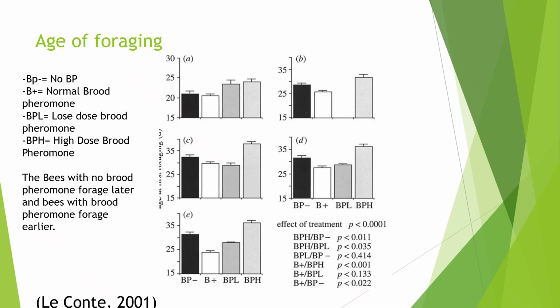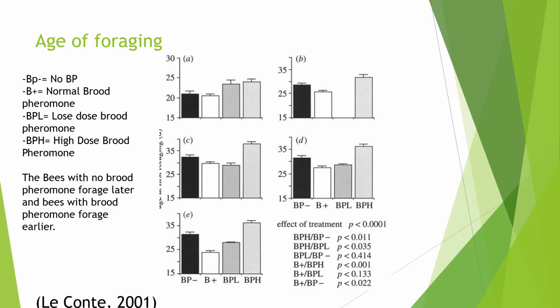So as you can see in this diagram here, the black marker is for no brood pheromone, the white B plus is for normal amounts of brood pheromone, and then this is when they're given a low dose of brood pheromone.